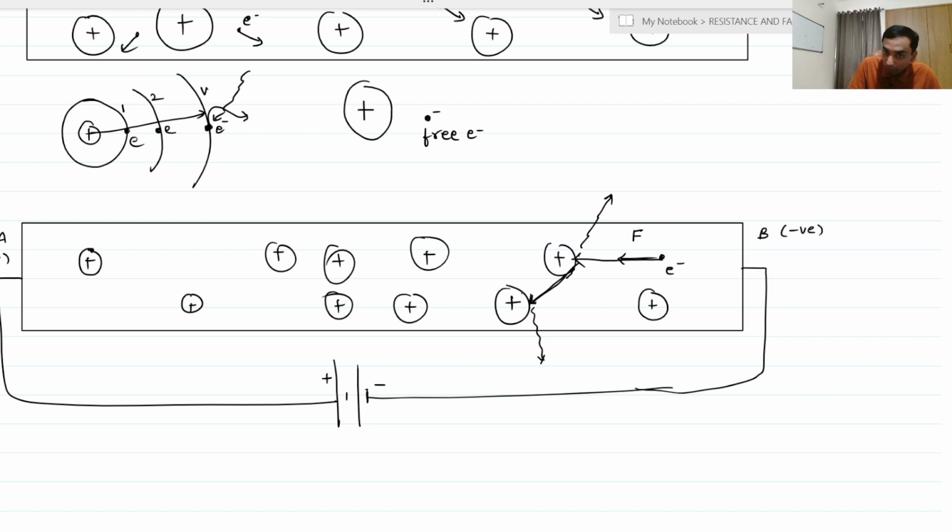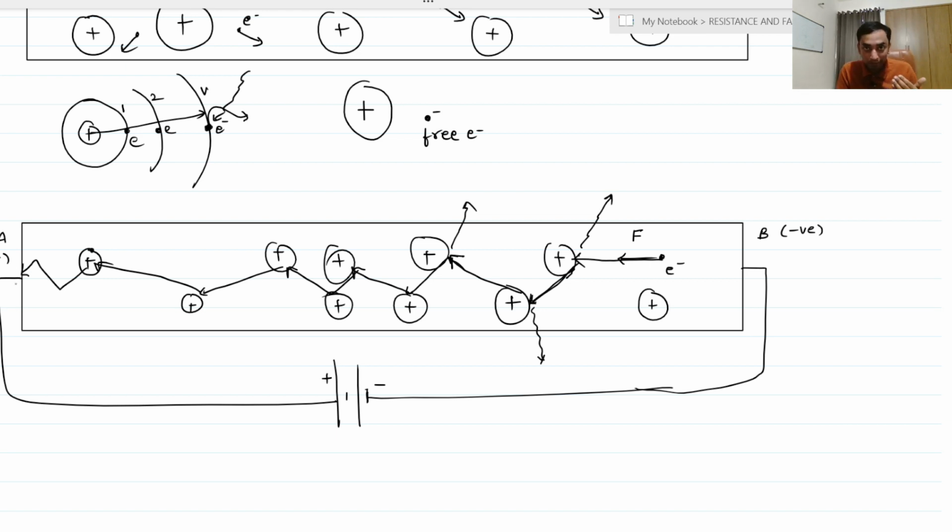Again due to the collision, it will change its path. It will be accelerated towards end A. It will gain speed, but again due to the collision, it is going to lose some of its energy. The similar process is going to happen, and the electron keeps on colliding with these positive ions, and finally it is going to reach end A. So after lots and lots of collisions, it is going to reach its end A.